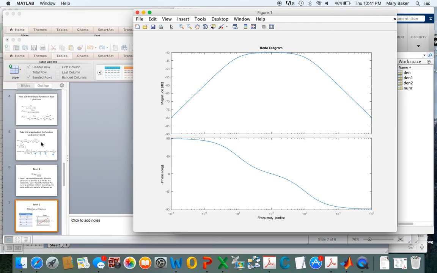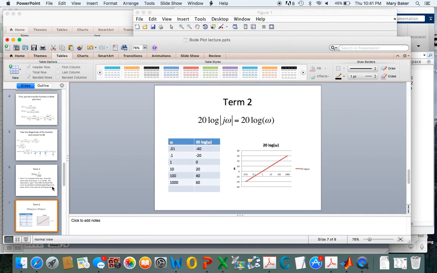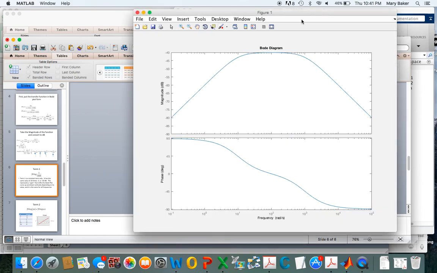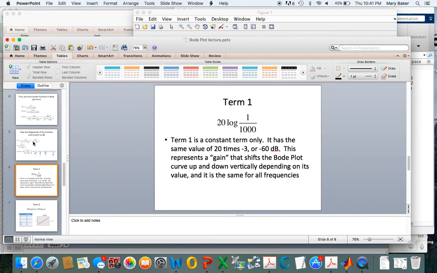Minus 60 dB was the value of our DC gain term. So to get the vertical positioning of the Bode plot, come to omega equals 1 and come up to that low frequency asymptote. That point should be your gain.